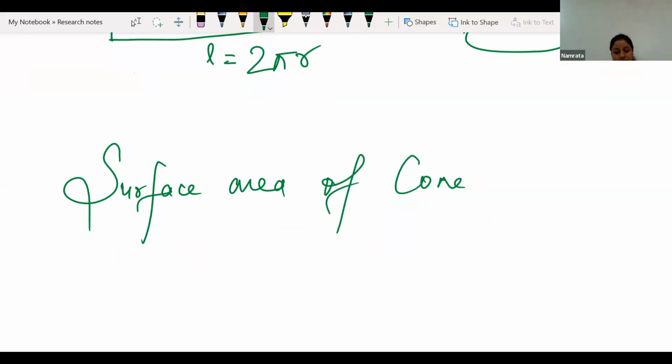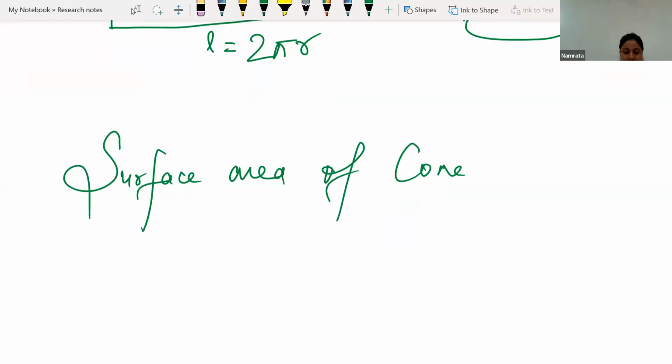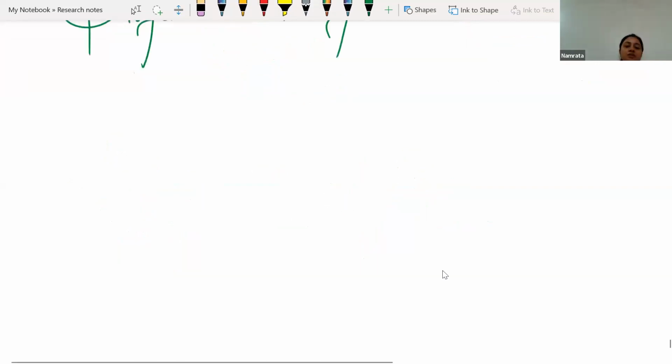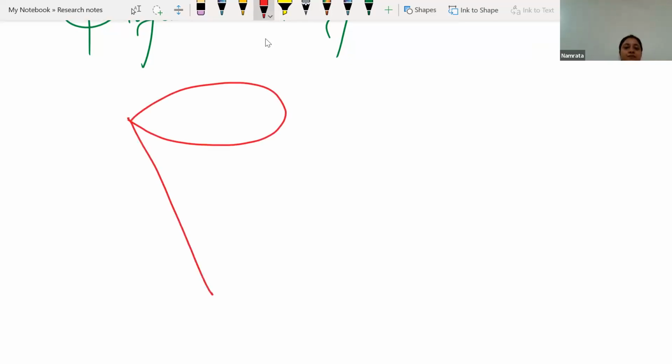We have a conical shape like this. Now I am going to open this cone here.